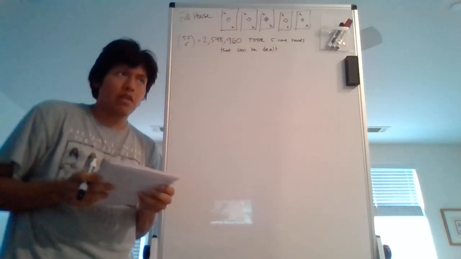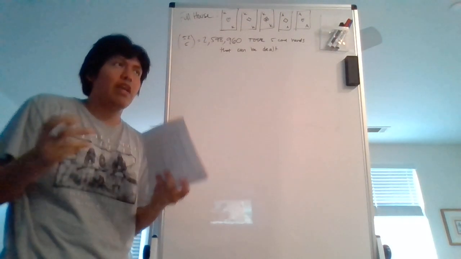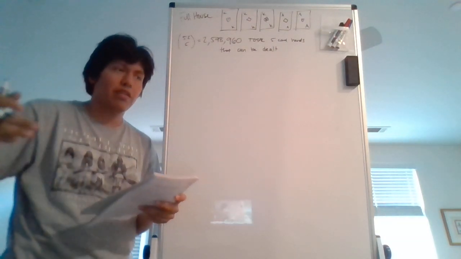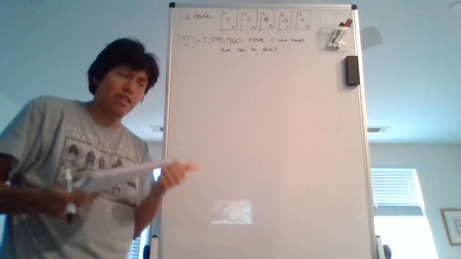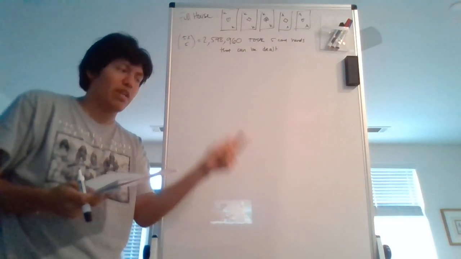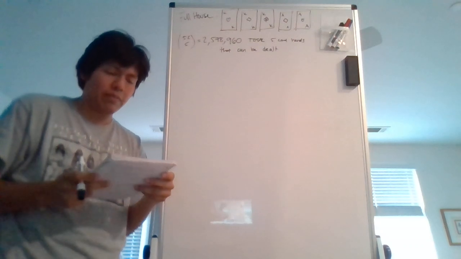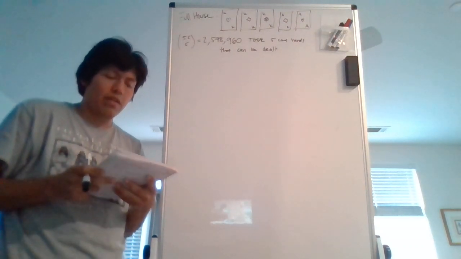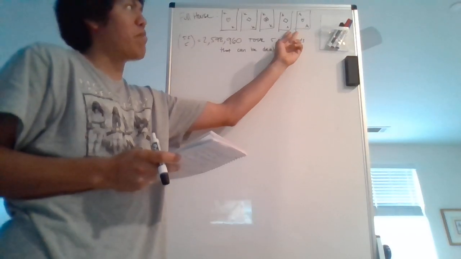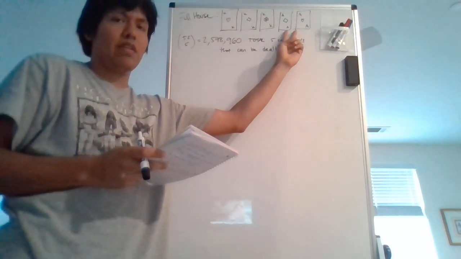Okay. Now another thing to consider is that there are 13 ranks from ace to king. So, right, there's the ace, 2, 3, 4, 5, 6, 7, 8, 9, 10, jack, queen, and king. 13 ranks. Okay? In a full house, we have a pair of the same rank.